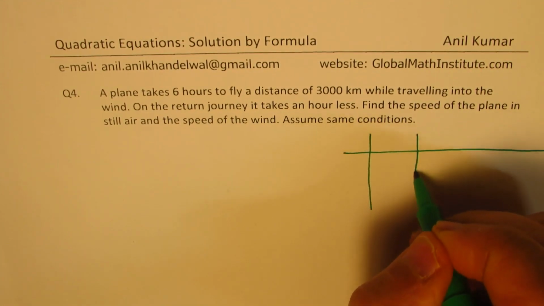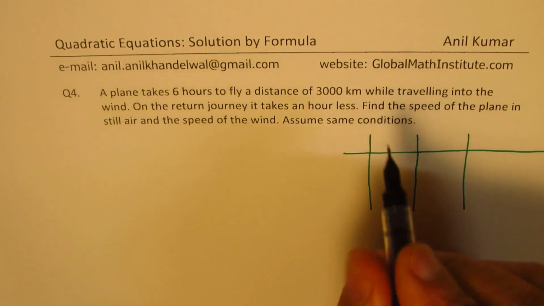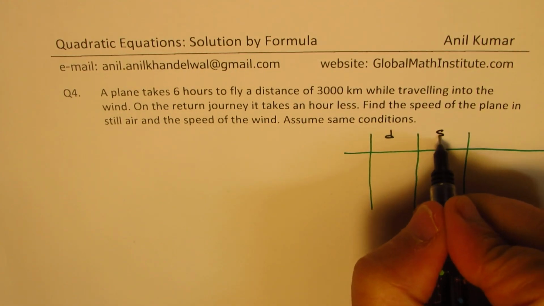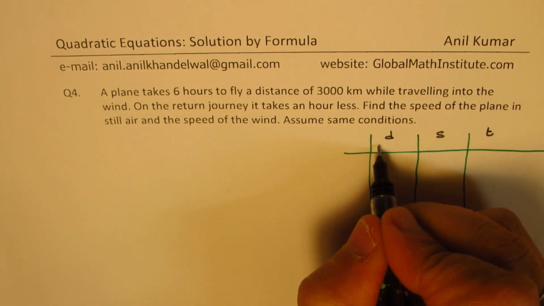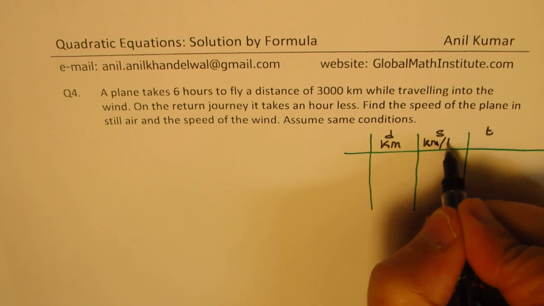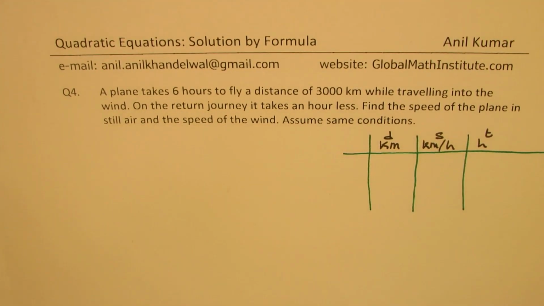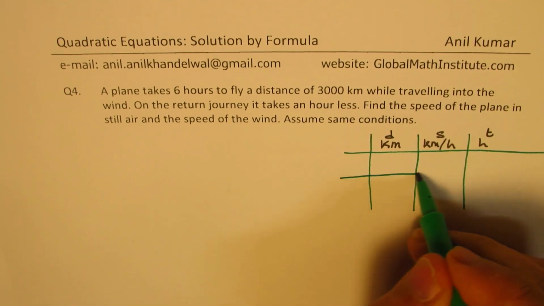So remember, we are working with distance, speed, and time. Distance in our case is in kilometers, speed will be in kilometers per hour, and time will be in hours. So when we are going in a direction with the wind and against the wind, those are the two scenarios, right?